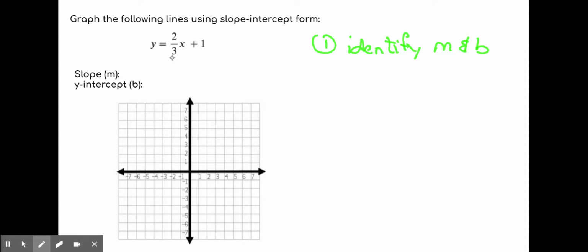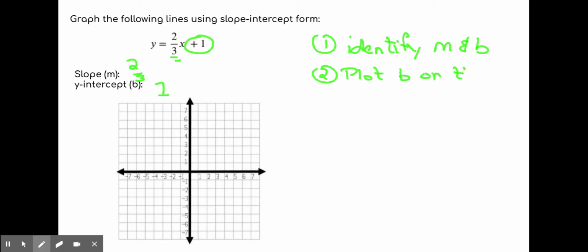So the slope is always the coefficient of x. That's your rate of change. That's how x is changing each time. So the slope is 2/3. The y-intercept is usually at the back, if you want to think of b being the back. So the y-intercept here is 1. So my slope is 2/3. My y-intercept is 1.